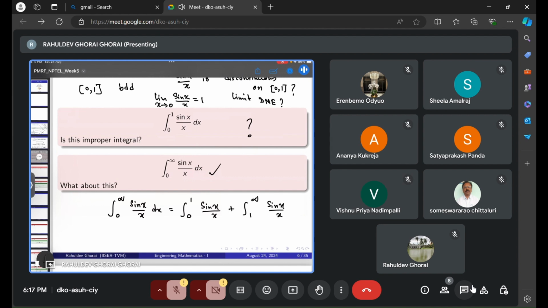Now what she is telling, the first integral, we have already seen it's not improper, it's a proper integral. And the second integral, that is improper. But why? Ananya, can you tell me, just explain it?